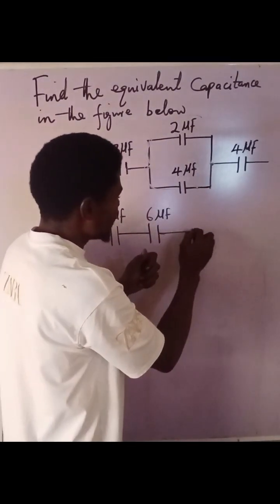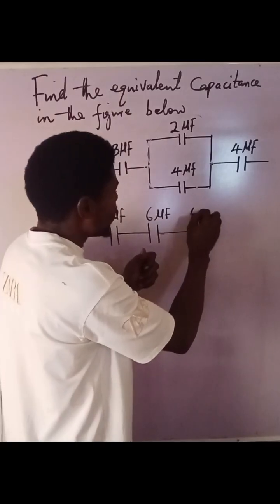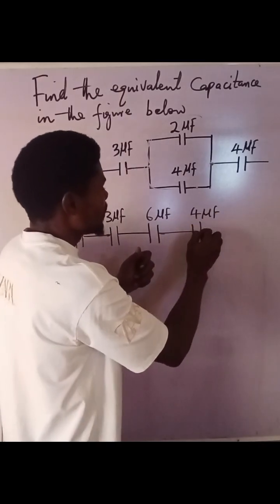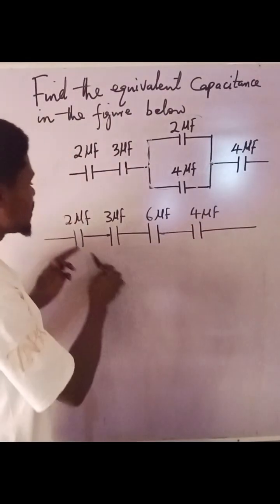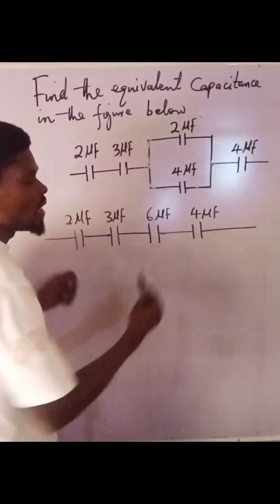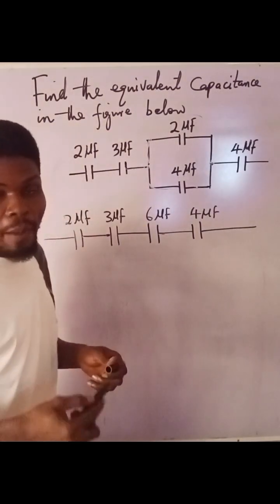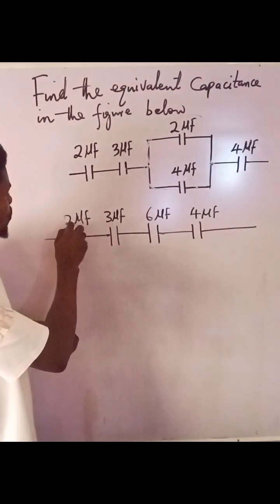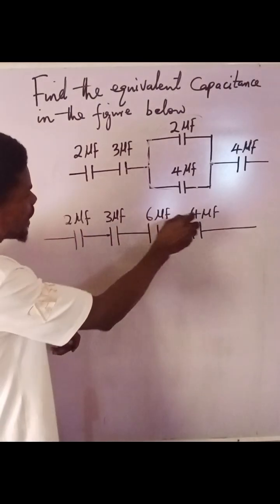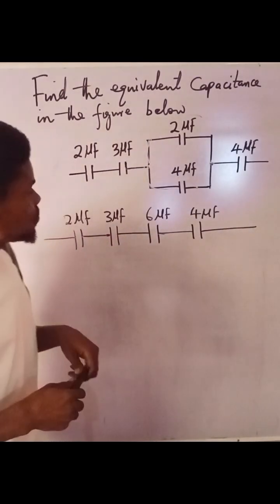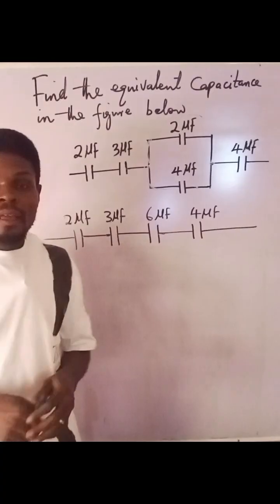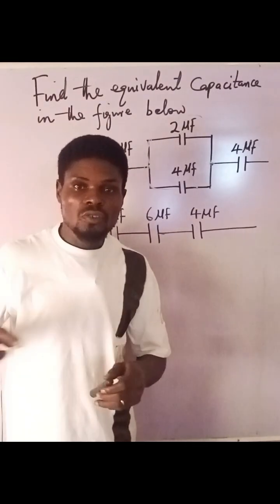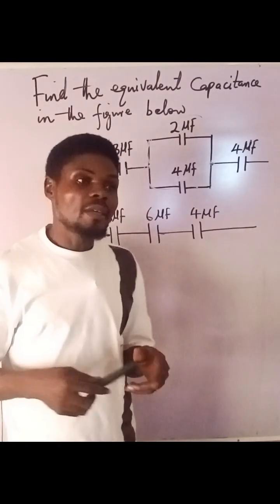Then we now have this other one left. We extend the diagram again, and then we have 4 microfarad. So this is now a linear connection, or series connection, of capacitors. We have 2, 3, 6, and 4. So what we are going to do now is make use of the formula for the series arrangement of capacitors.